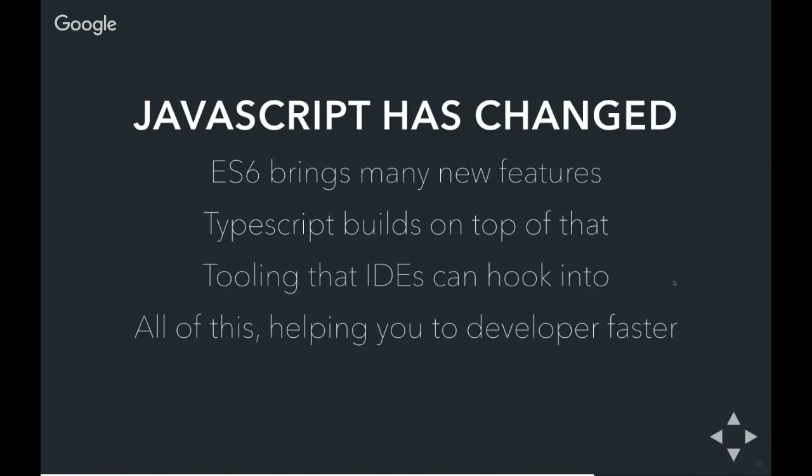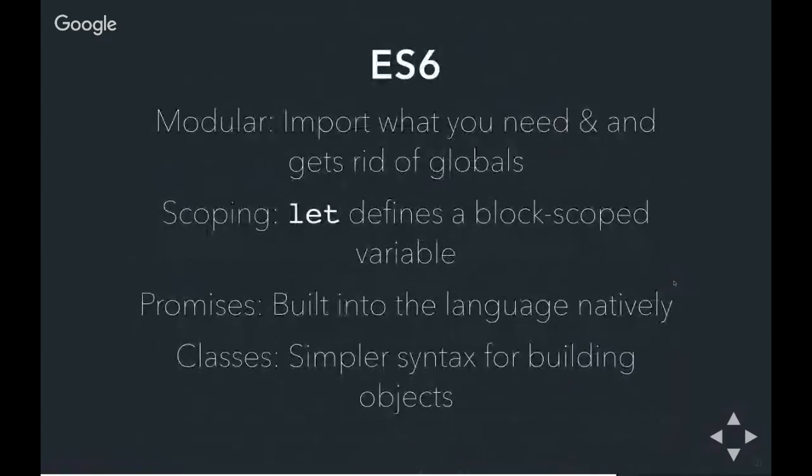And with all these changes, we have smarter IDEs and tool editors that can hook into all of these new language features and provide you with a better experience when you're developing your app. ES6 has all of these new concepts of modules where we don't keep things on the global object anymore. We have proper scoping for all of our functions.